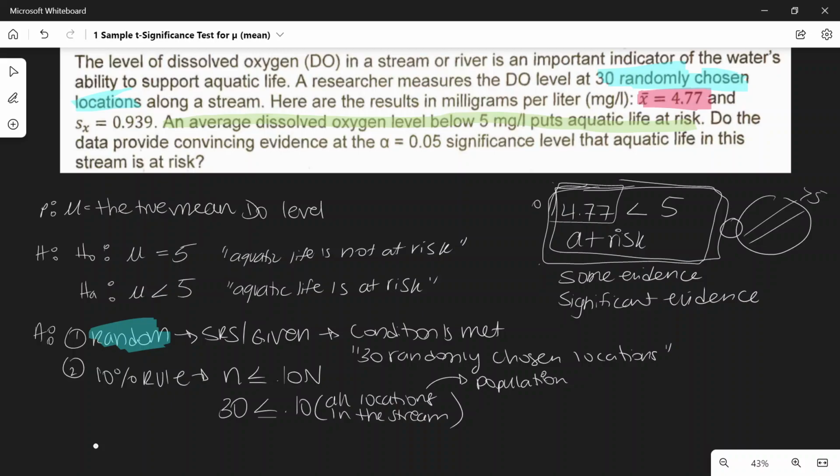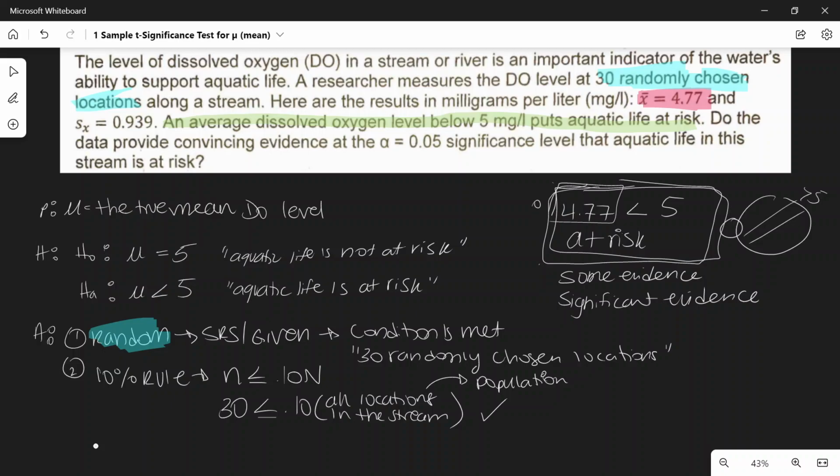If this condition is not met, it would mean that your sample size would be too small to get an accurate p-value. Okay, so that condition is met. We're going to say check that.